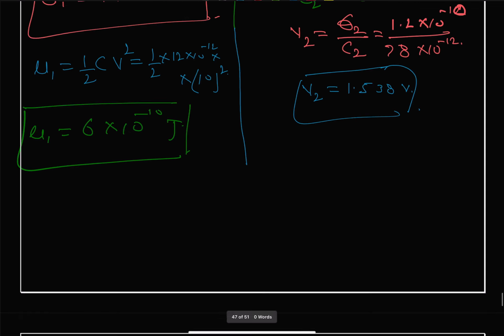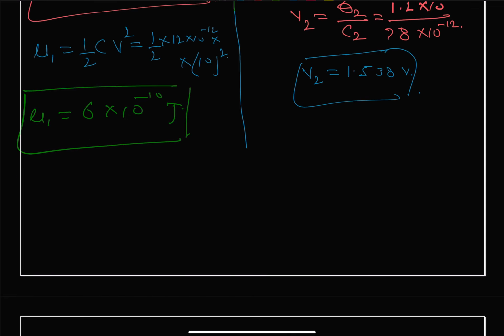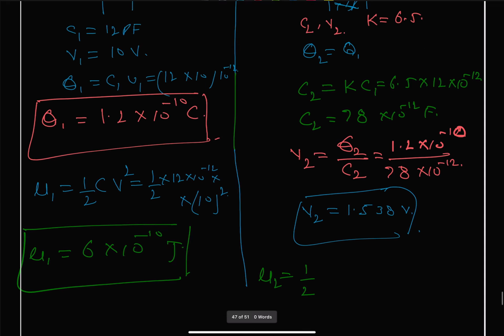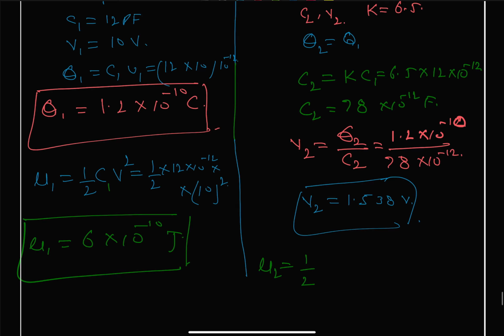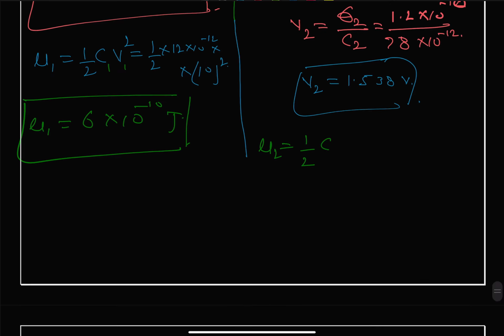And similarly, we can find U2. U2 is equal to half C2 V2 square.